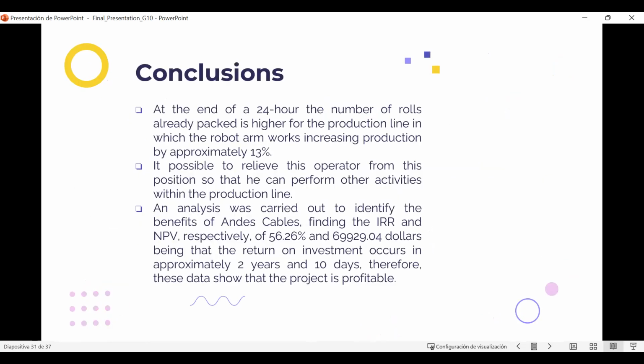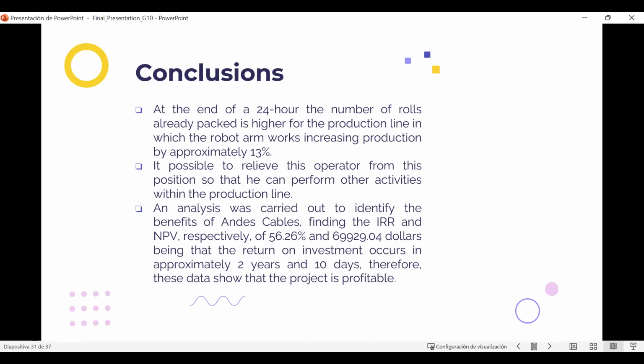About conclusions, we have that at the end of 24 hours, the number of rolls already packaged is higher for the production line in which the robot arms work, increasing the production by approximately 13%. Another one is that it is possible to relieve the operator from this position so that he can perform other activities without the production line.